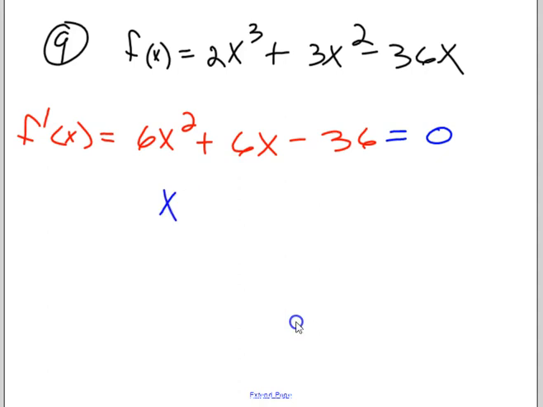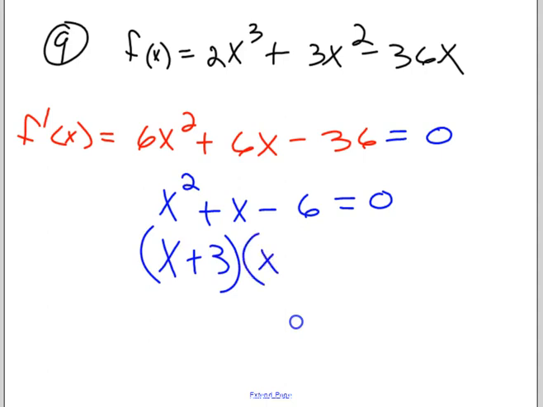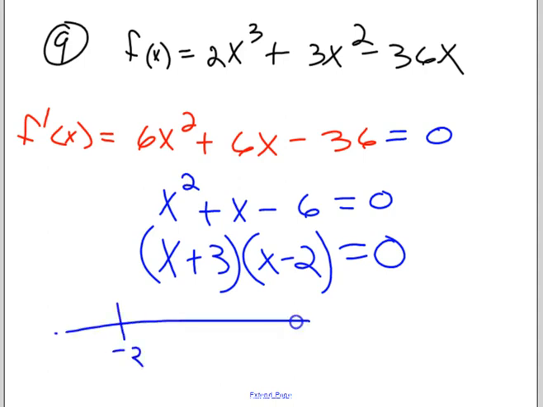They all got 6s in them. So, here's what I know at -3 and at 2. Something's going on.